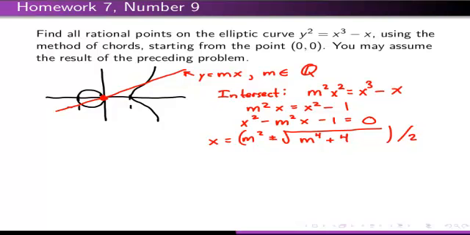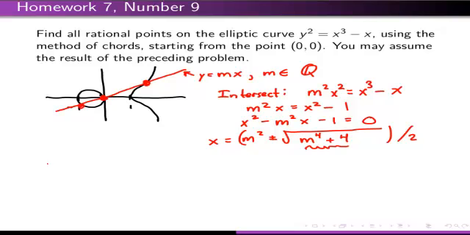So if we want to end up with a rational solution, so if we want these other 2 points of intersection to be rational numbers, this radical right here has to be a rational number. That means m to the 4th plus 4 has to be a perfect square of some rational.